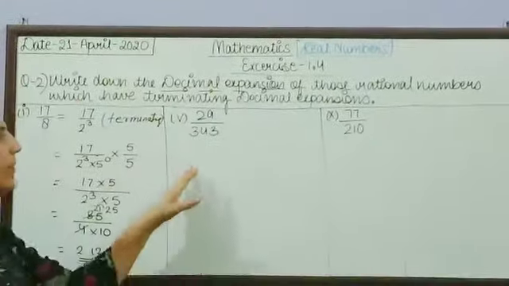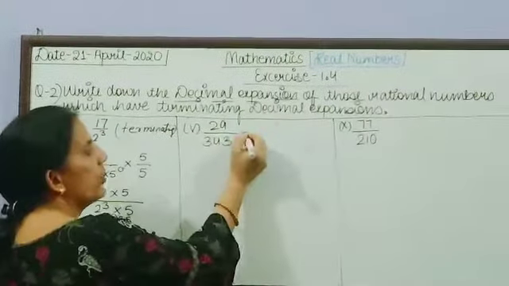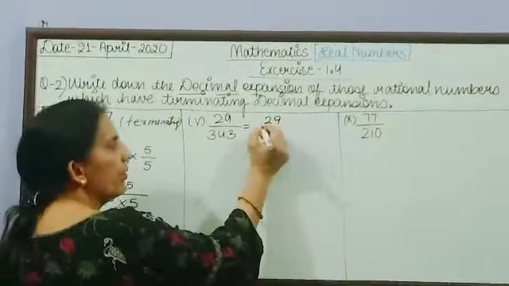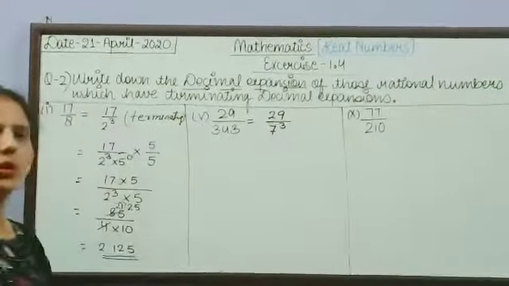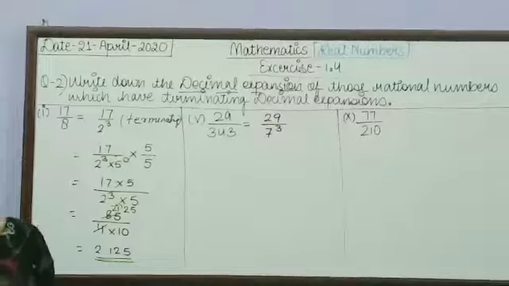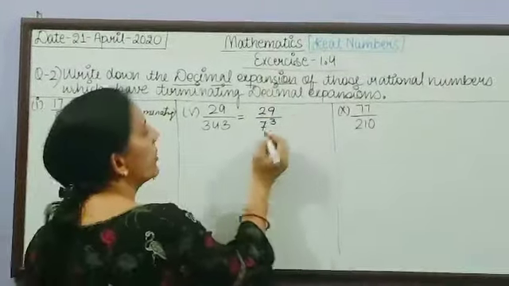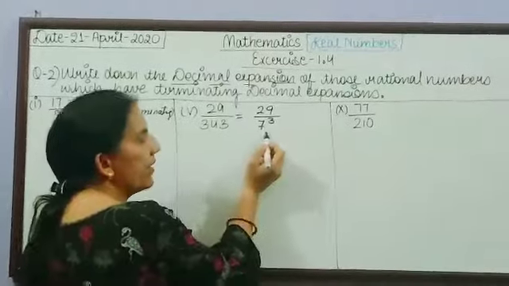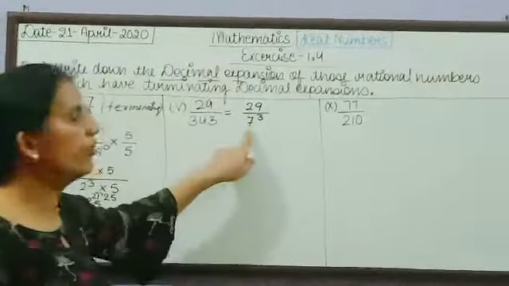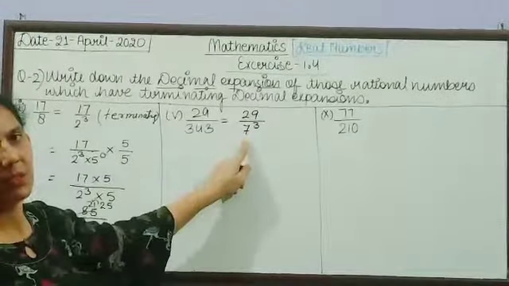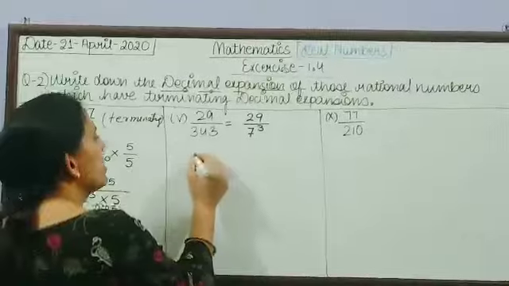Now our fifth part. It is 29 upon 343, and I hope you are aware that 343 is the cube of 7. Or you can use the LCM method or the factorization method if you are not getting it. As there is no prime factor of 2 and 5 here, what kind of decimal expansion will it be?